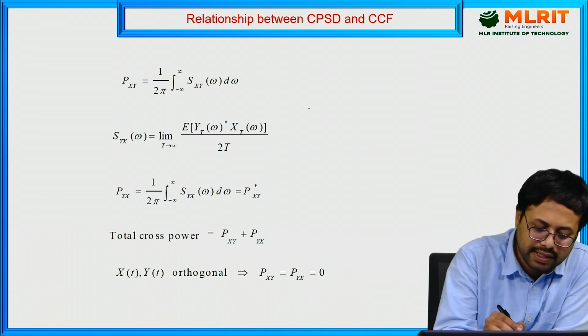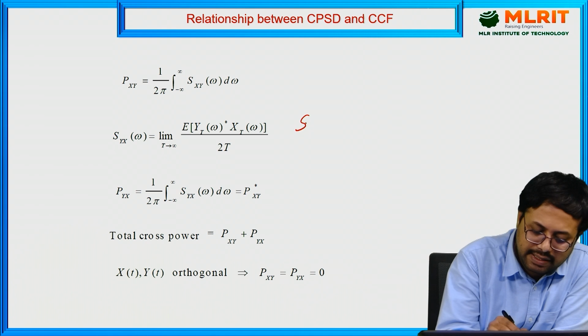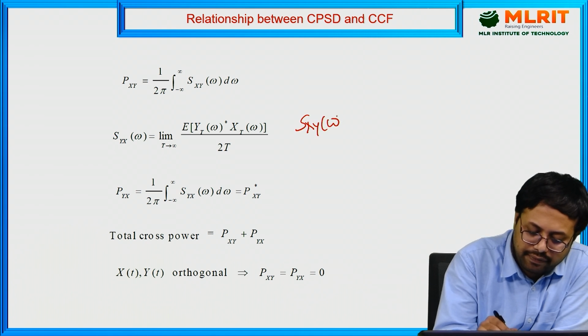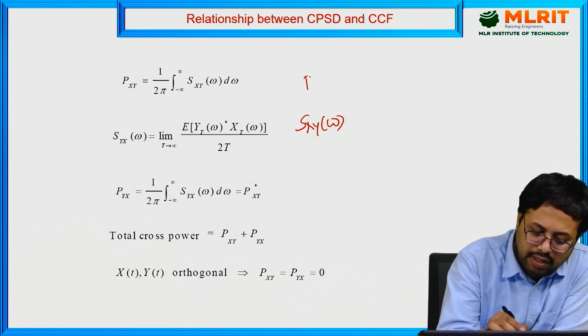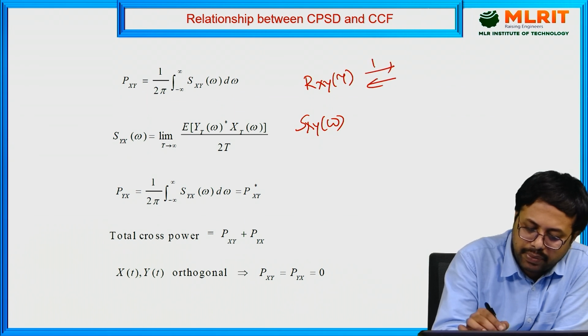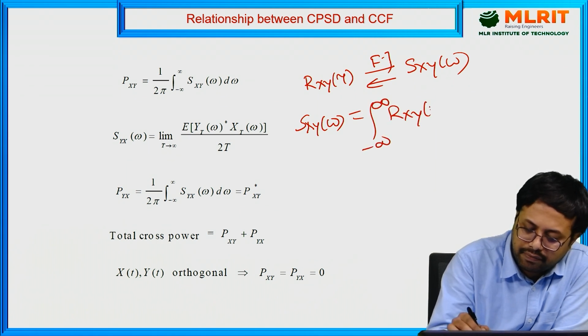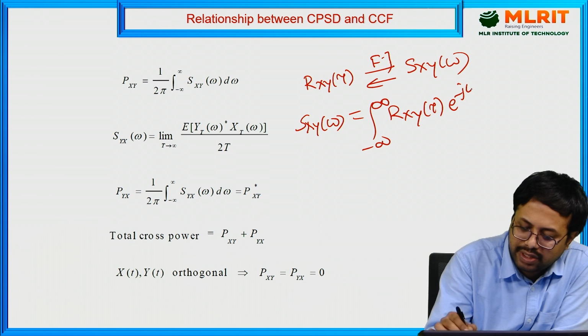We have to know the summary points. Important points to remember: Sxy of omega and Rxy of tau are a Fourier transform pair. Sxy of omega is the integral from minus infinity to infinity of Rxy of tau e power minus j omega tau d tau.